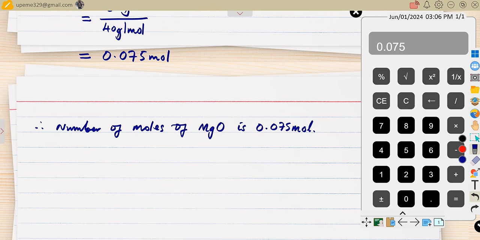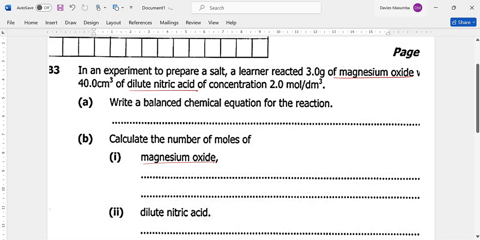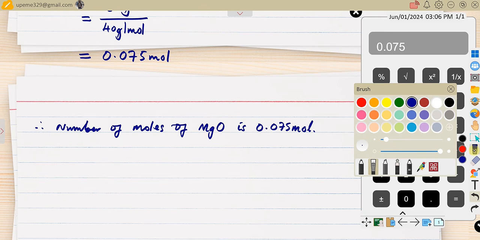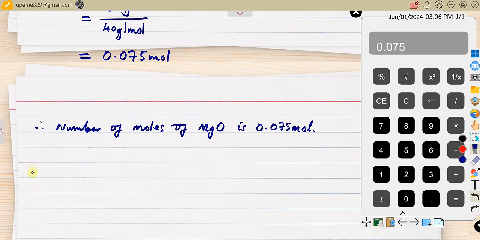So on part 2, we are supposed to find the moles of dilute nitric acid. Calculate the number of moles of part 2 here, dilute nitric acid. So here we are going to say the number of moles of nitric acid, HNO3.